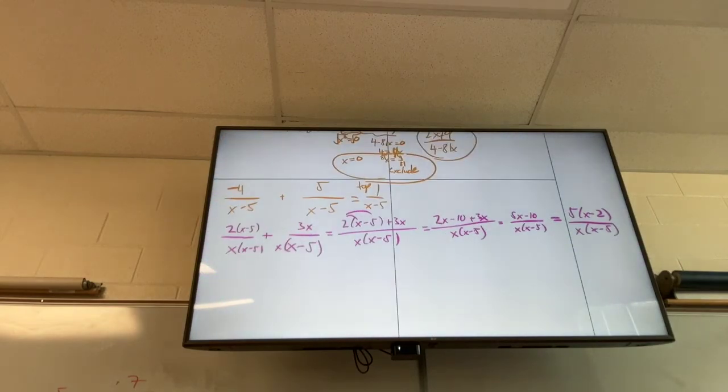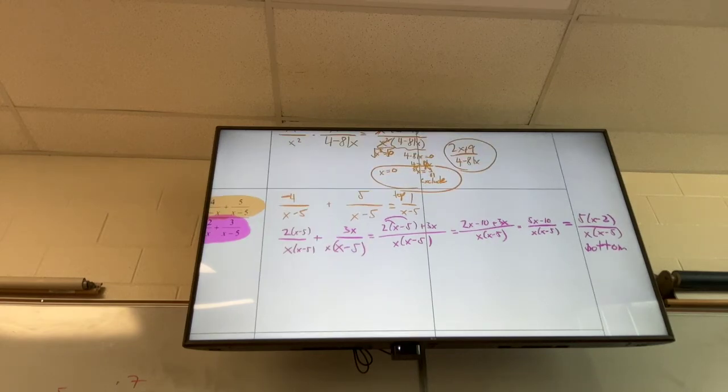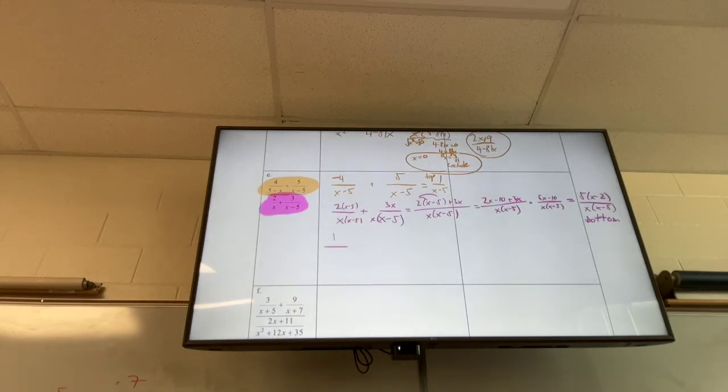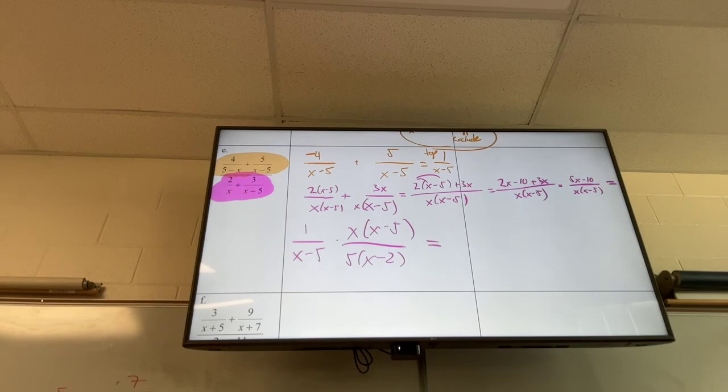All right, so that's the bottom. Okay, what's my third step? Multiply the top by the reciprocal of the bottom. Good stuff. So I'm just going to multiply right across the top and right across the bottom.